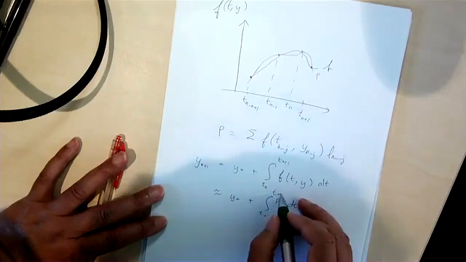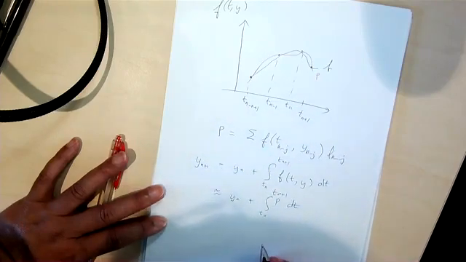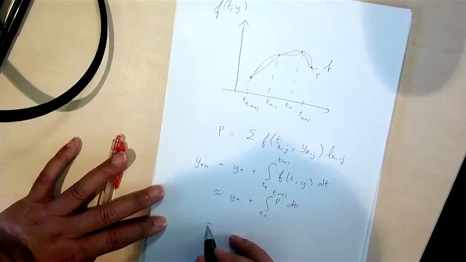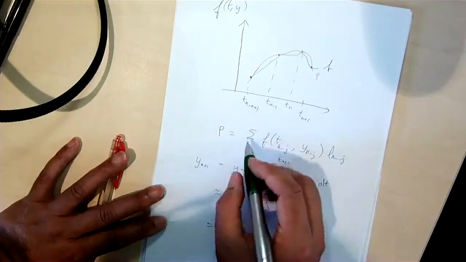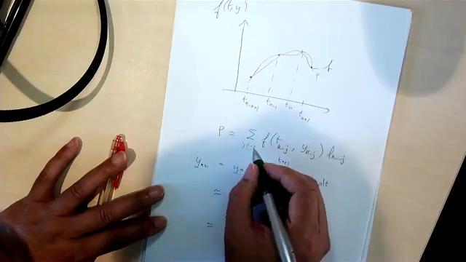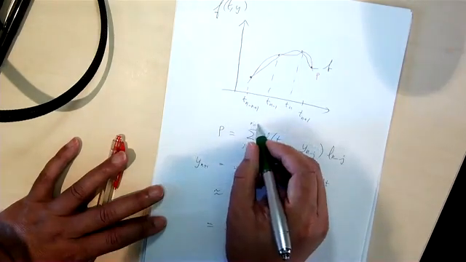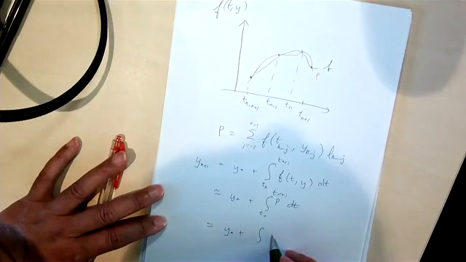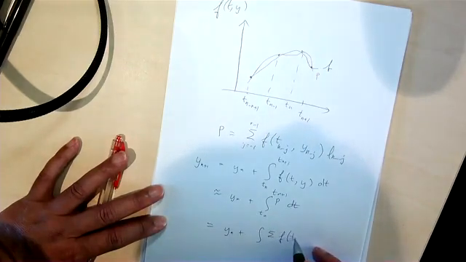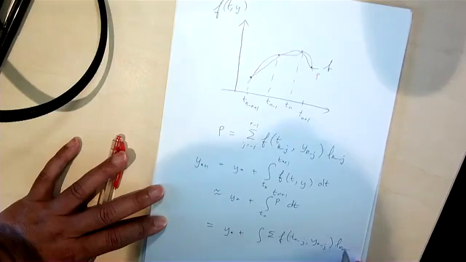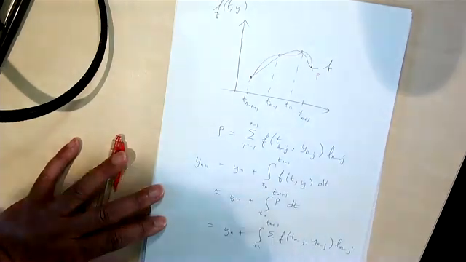And this one will be yn plus the integral of this sum, where j runs from minus 1 to r minus 1. So it will be the sum of f of Tn minus j, yn minus j, l n minus j, integrated from Tn to Tn plus 1, right?